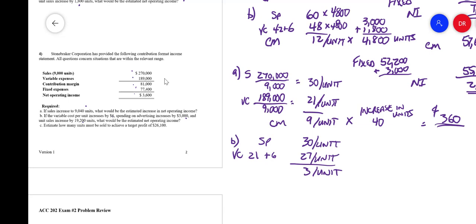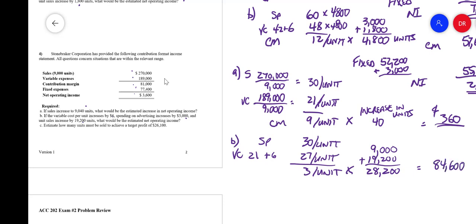Now, in this question, they're asking us the estimated total net operating income. So we have to do some additional calculations. Here they were just asking for the increase. So now what we need to do is go back and figure out what the new sales volume will be. Well, it starts out at 9,000 units, but we add 19,200 to it. So the sales volume we now have is 28,200. That means that our new contribution margin is going to be 84,600.